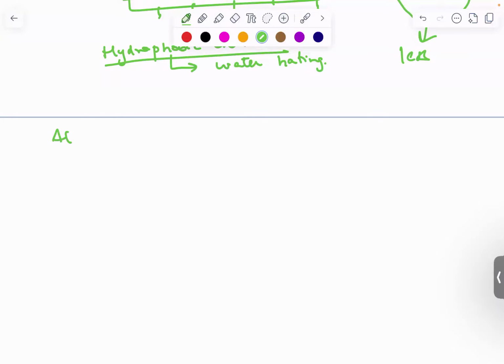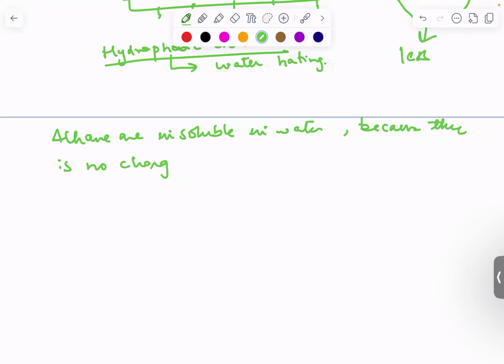However, alkanes are insoluble in water. Why is this so? Because there is no charge separation in alkane. Why? Because, as I told you, there is no difference of electronegativity.